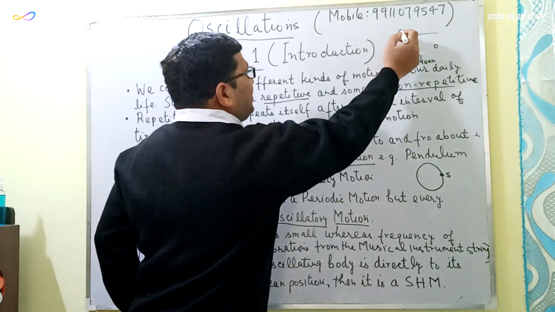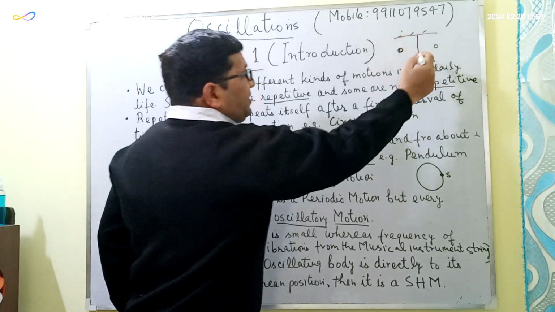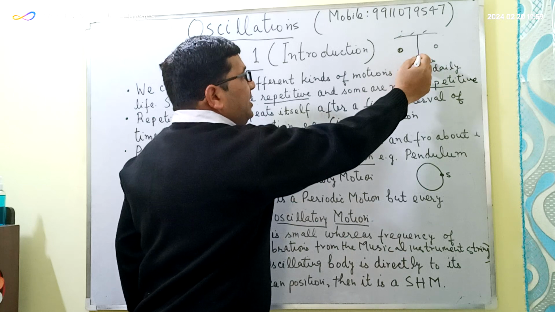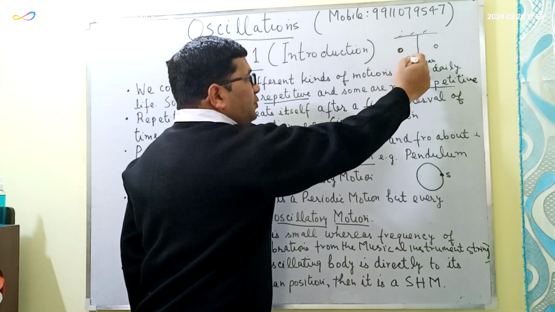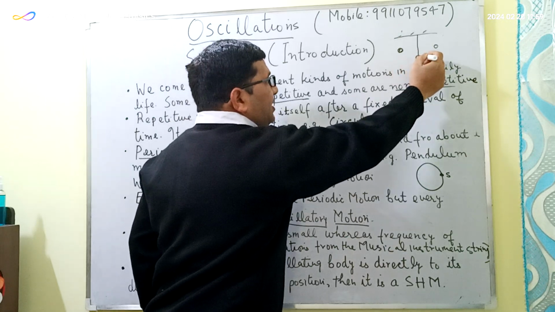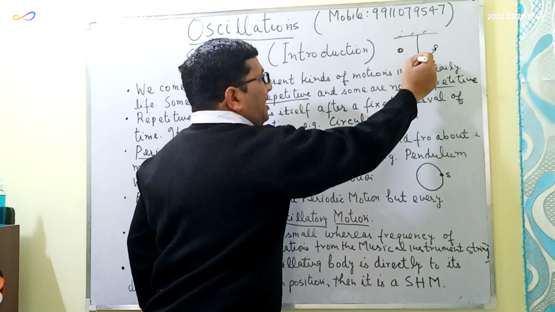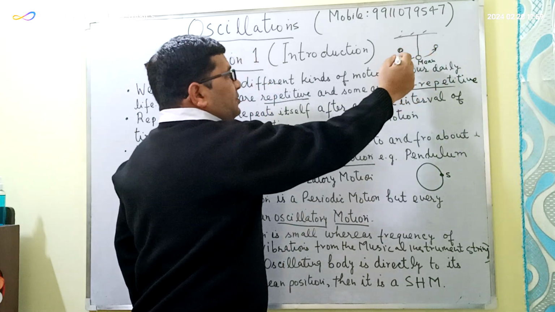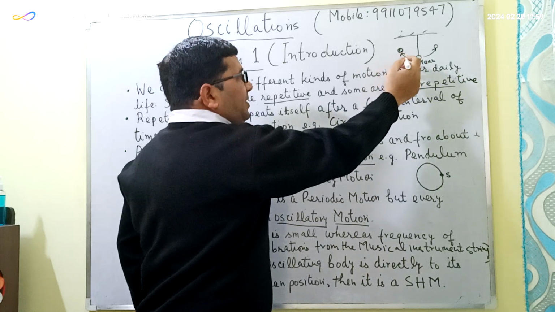That is, if this is a pendulum wall clock, now here, when this bob moves to and fro about its mean position, that is when it goes in this direction, and when it goes in this direction and reaches this maximum height, in this case, what happens?